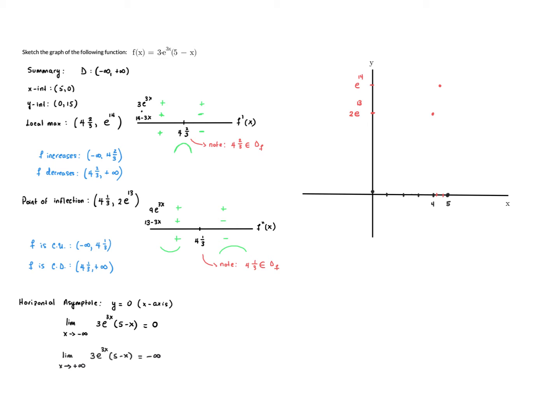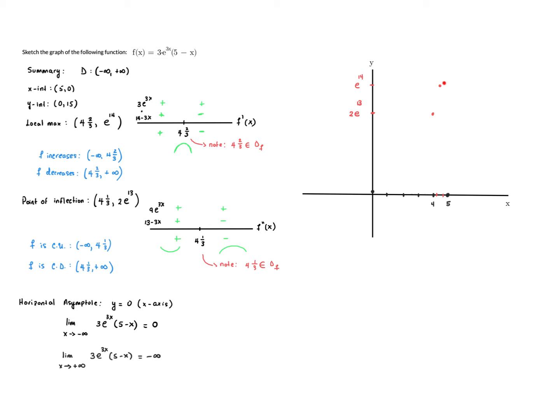And now what we're going to do is pay attention to everything else that we know about the graph. Remember that on the left of the point of inflection, and here is the point of inflection right here, our graph should be concave up. Then the concavity changes.